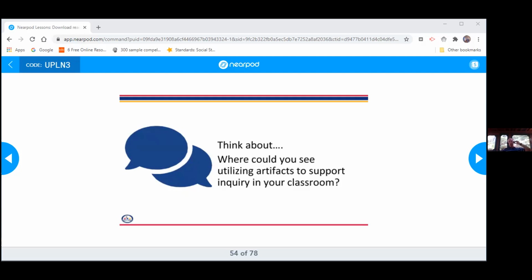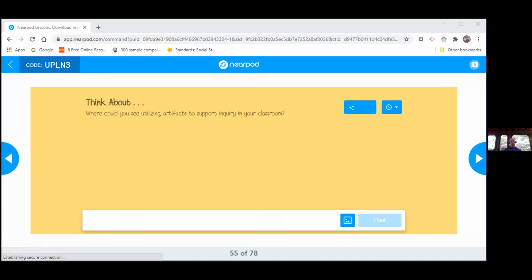So think about this: where could you see utilizing artifacts to support inquiry in your classroom? Think about your 7th grade content. What types of topics might this work well with, or if you know of something you'd already want to engage with? There's probably some great images for imperialism.